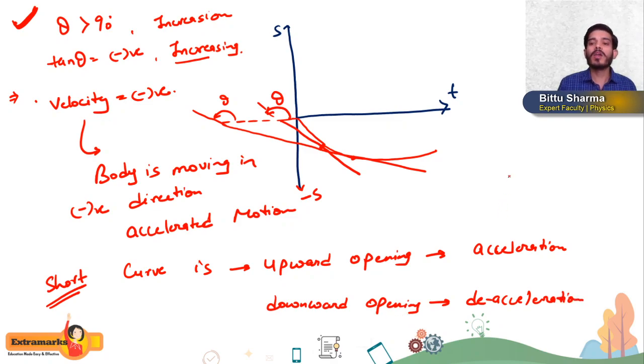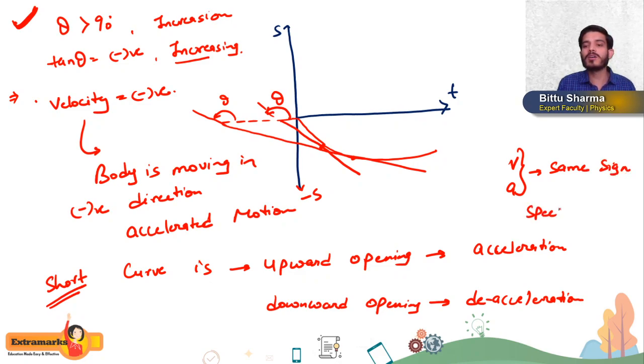Another thing, remember: whenever velocity and acceleration are of the same sign, then speed always increases. And if velocity and acceleration are of opposite sign, then speed decreases. These are some short tricks which are really going to help in questions.